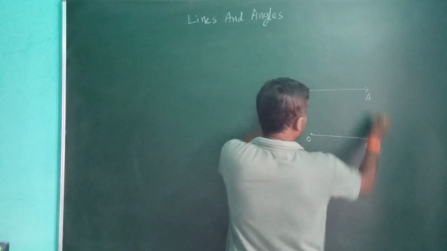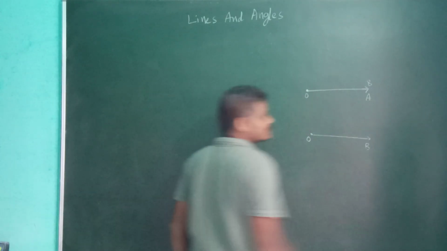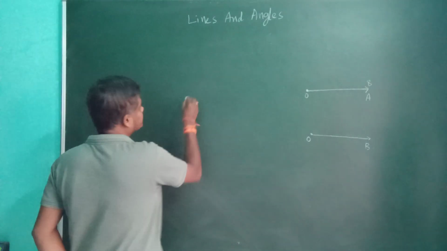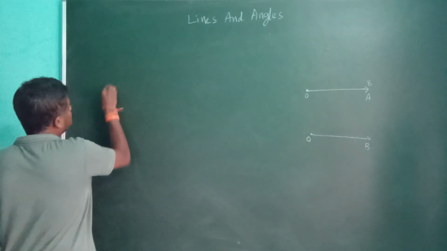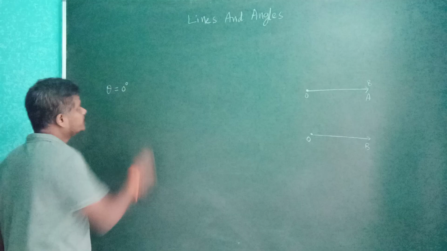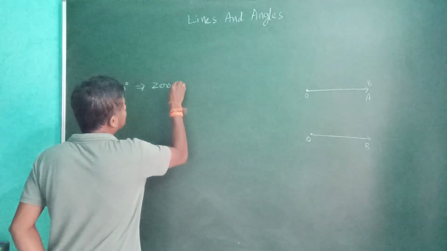If I put this OB here, then OA and OB coincide, and this is called a zero angle. That is, if theta is equal to 0 degrees, if the angle between the rays is 0 degrees, it is called a zero angle.